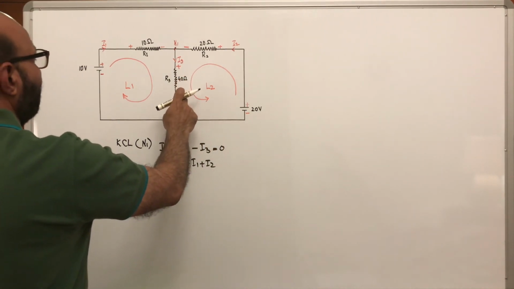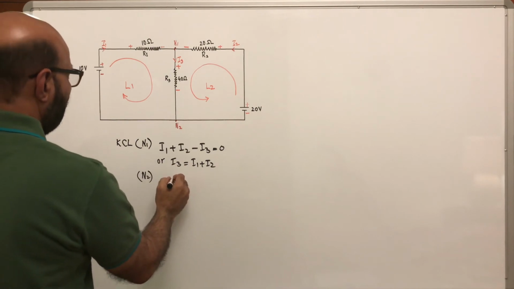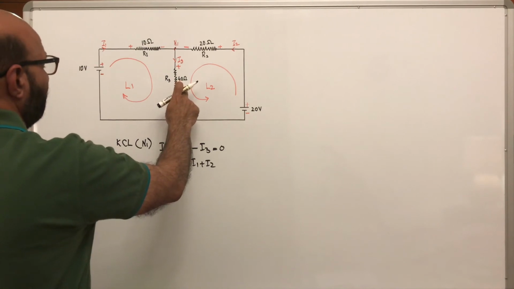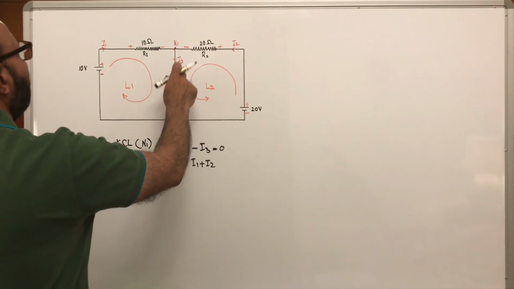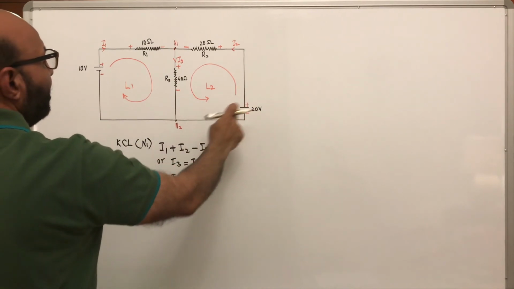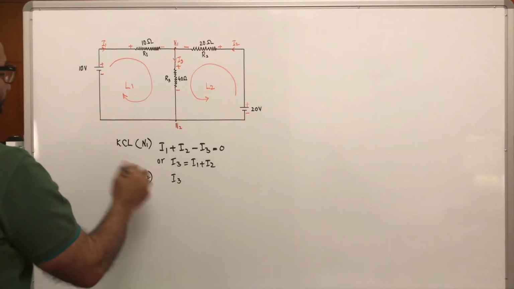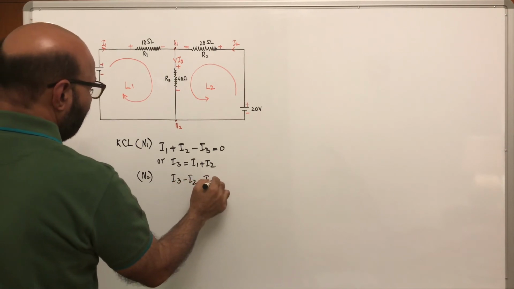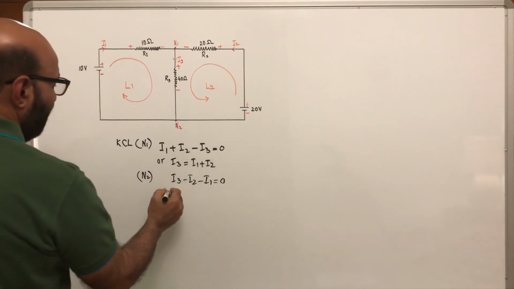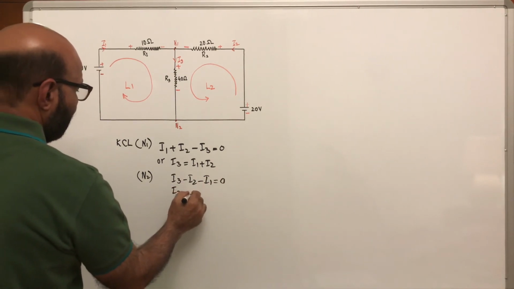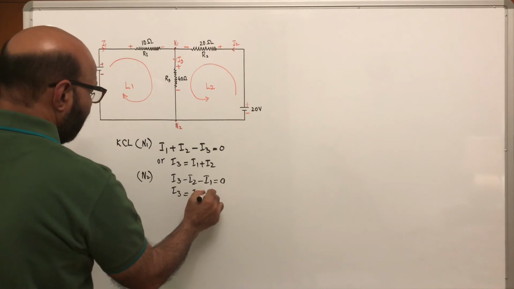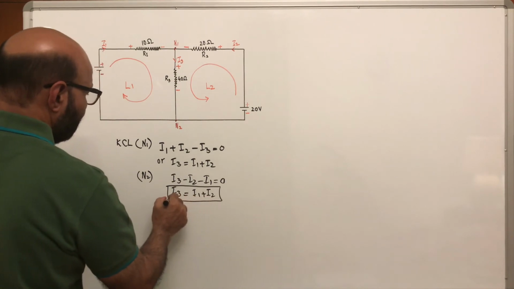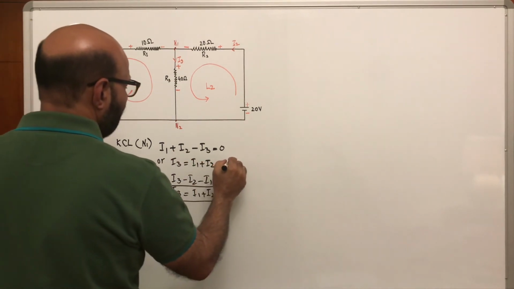So there is one current coming towards node 2, which is positive, and then the two currents are going in the opposite direction. So I3 minus I2 minus I1 is equal to 0, or I3 is equal to I1 plus I2, same equation. So this is our equation 1.